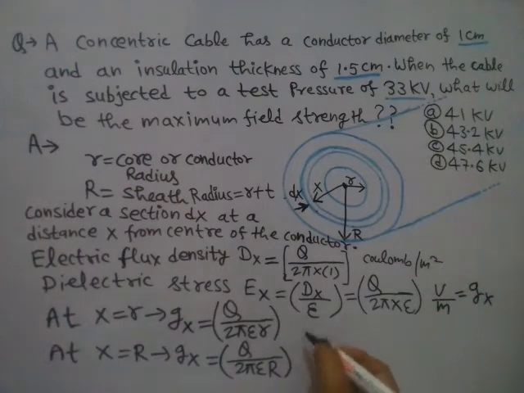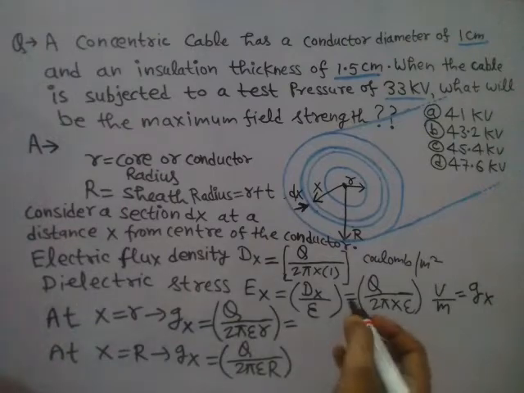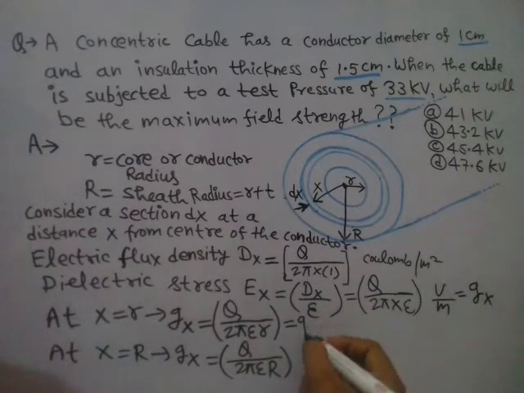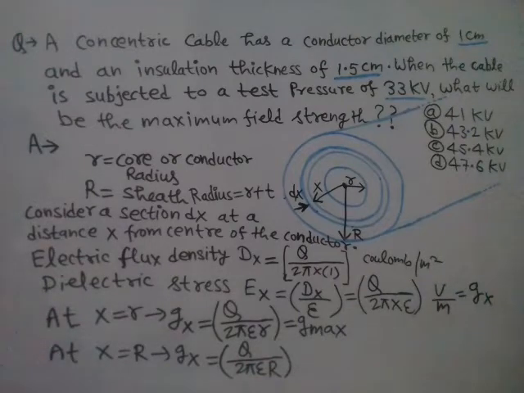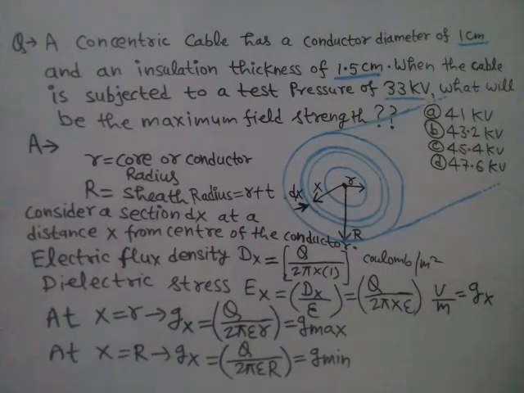So definitely at x is equal to small r, the dielectric stress will be maximum. Let me call it G max. And at x is equal to capital R, the dielectric stress will be minimum, because capital R is more than small r.